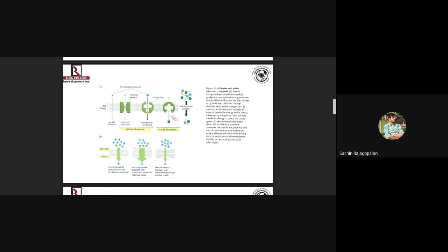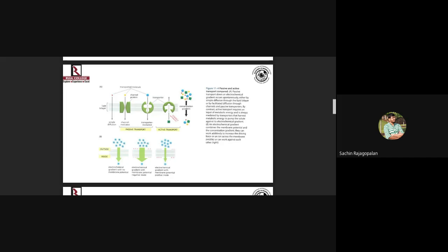So many times, most of the substances that are being transported, if they are charged, we refer to that as an electrochemical gradient.